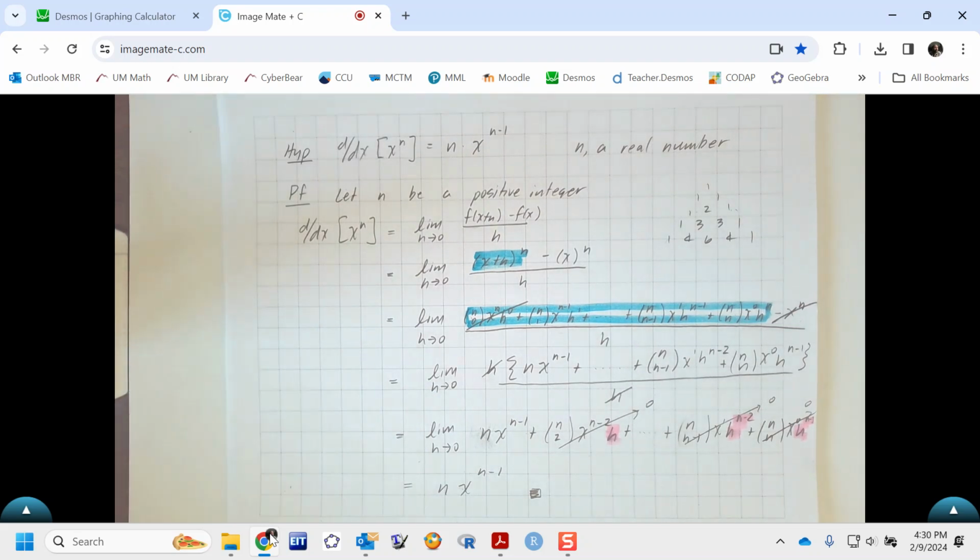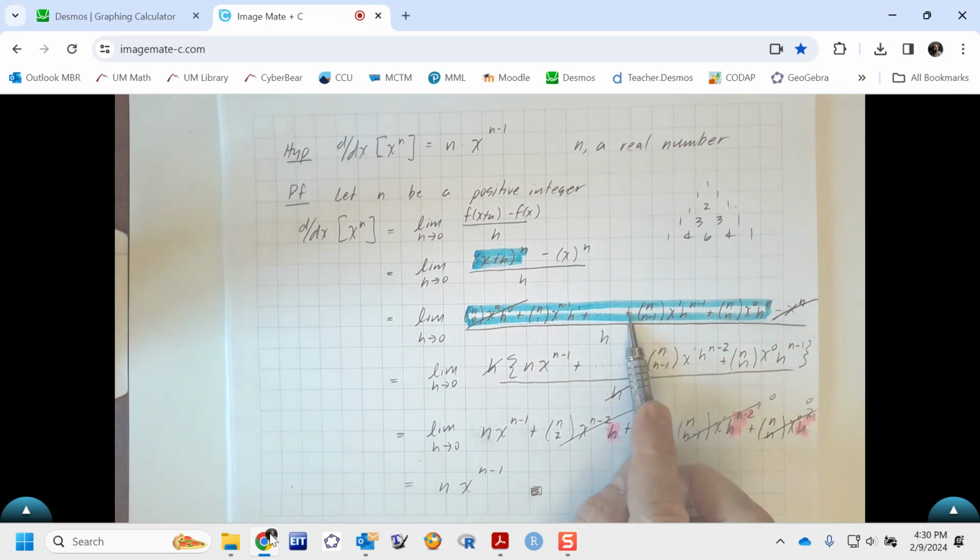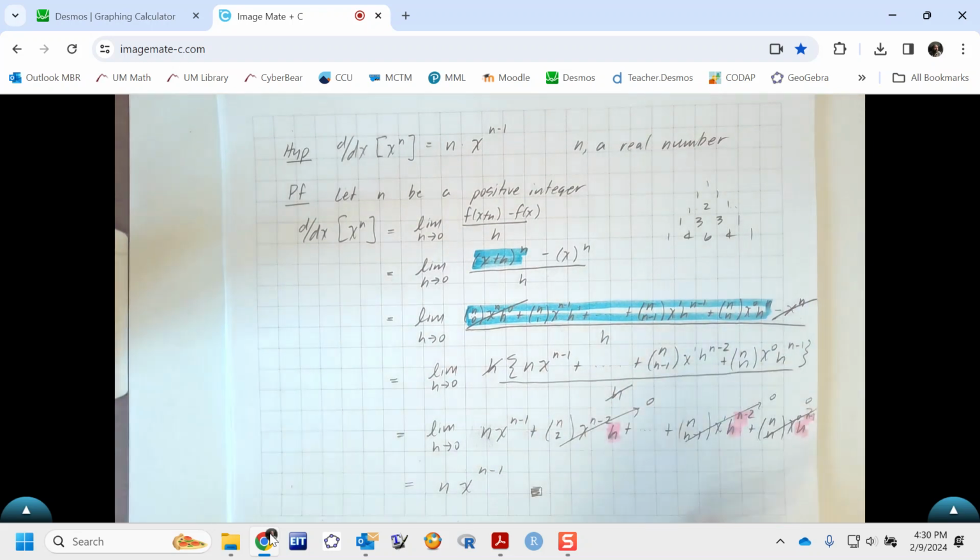It's interesting to me that such a simple rule, one of the simplest rules in differentiation, the power rule, is actually pretty hard to prove, right? You have to bring on board some pretty big machinery, the binomial theorem. You have to argue with an ellipsis, which means it's infinitely expandable depending on how big an exponent we have.